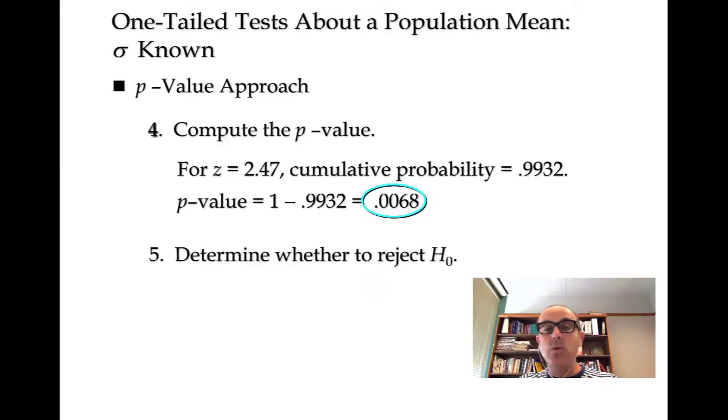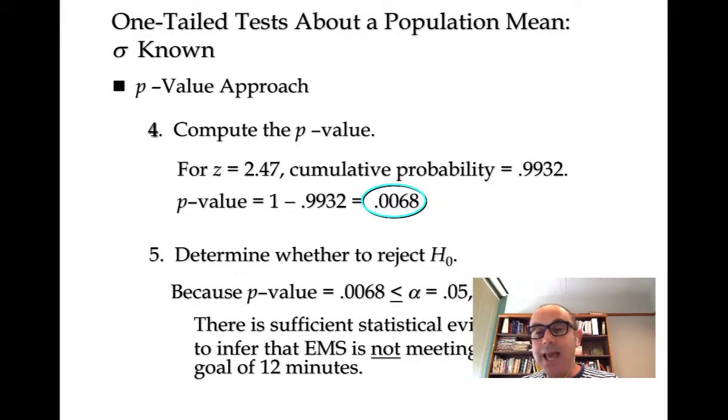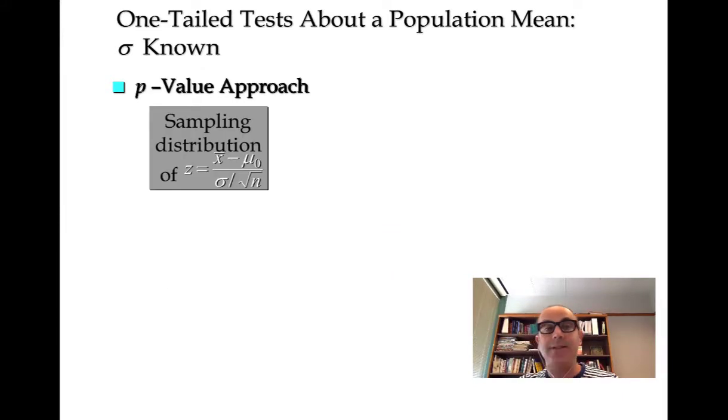So we can determine whether to reject the null hypothesis. In this case, we reject the null hypothesis, and we conclude that the goal of 12 minutes or less is not being met.